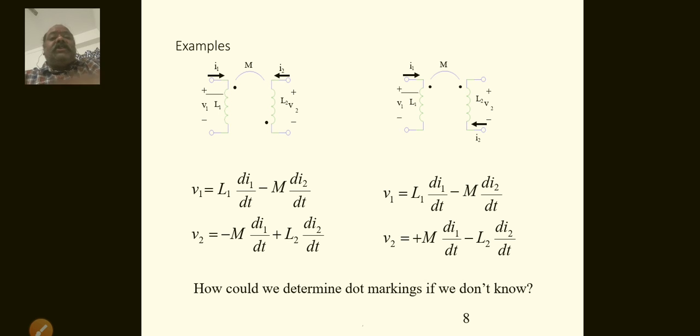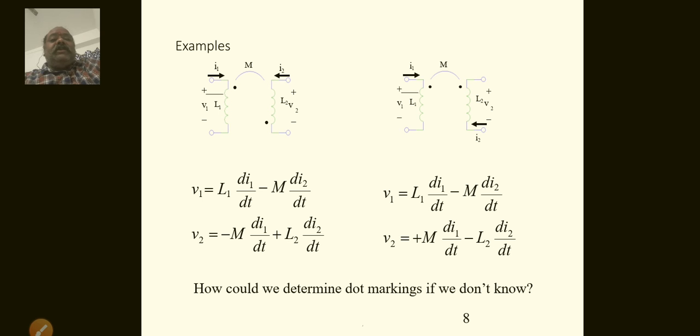The two coils carry currents I1 and I2, with the incoming current here, and this is on the negative side. So what is the result here? Actually, V1 is equal to L1 dI1 by dt minus M dI2 by dt, right?